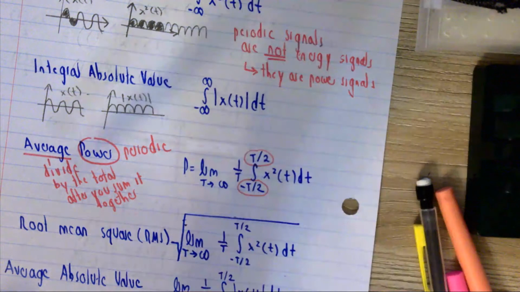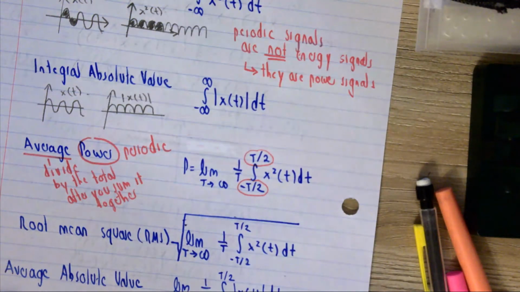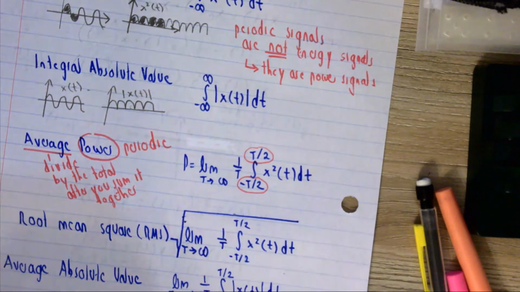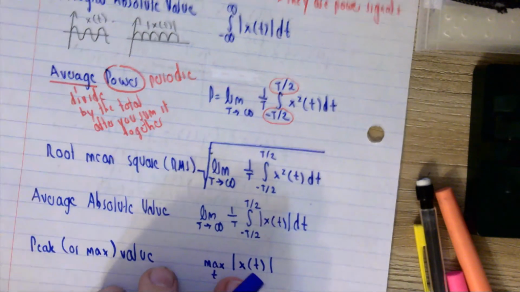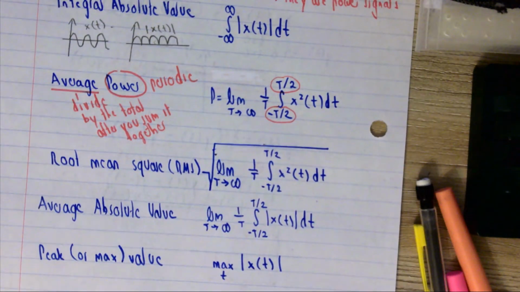And so now that we talked about that, the biggest thing you need to know is that periodic signals are power signals, whereas the other signals that don't have periods are usually energy signals. That's the big thing to take away from here.